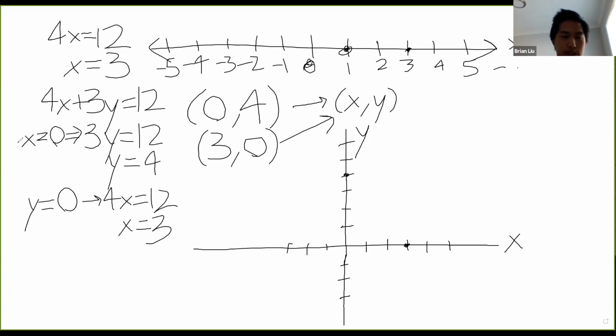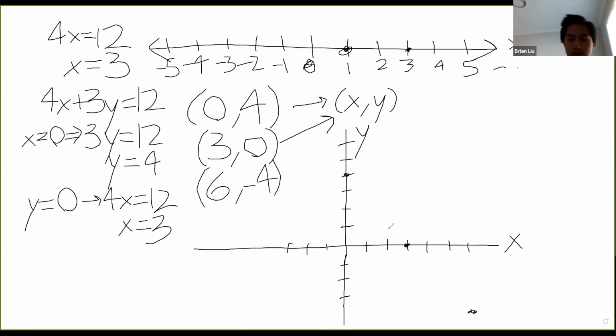Say x is 6, then 4x is 24, and subtracting 24, you get 3y equals negative 12. So 3y equals negative 12 means y is negative 4. So 6, negative 4 also satisfies this. And it would be somewhere like here.